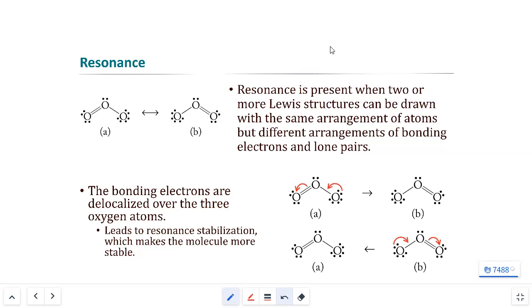And their bond length and strength is not going to be like what we see for other oxygen-oxygen bonds. It's going to be slightly stronger than an oxygen single bond, but not quite as strong as an oxygen double bond. It kind of fits in the middle. Why does it fit in the middle? Because it doesn't really have all of the full extra bonding of a double bond, but it's got more bonding than a single bond.